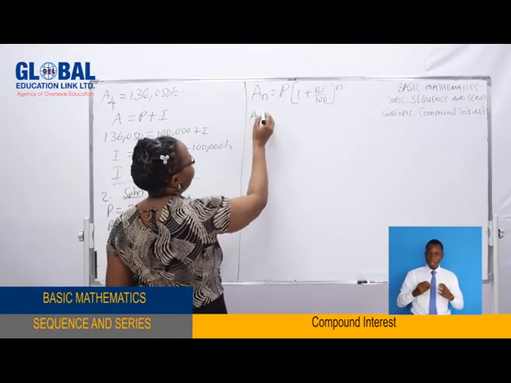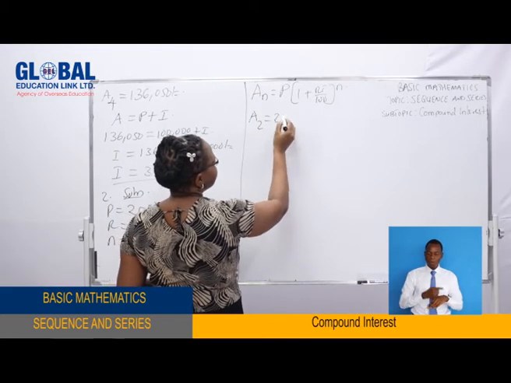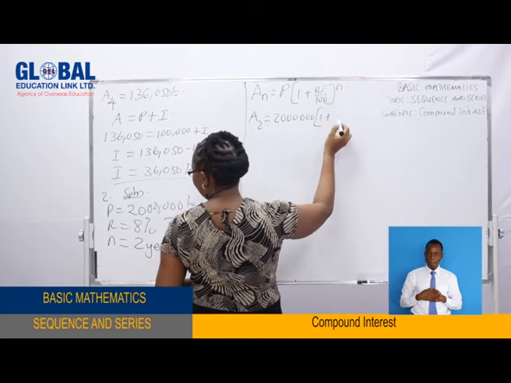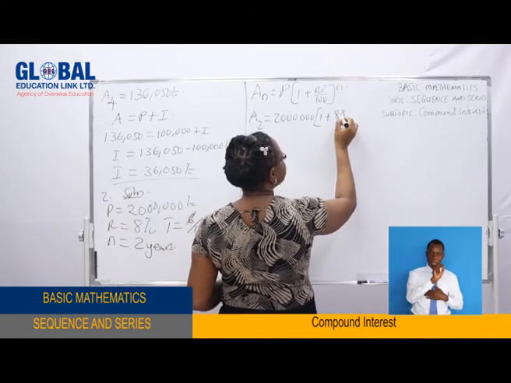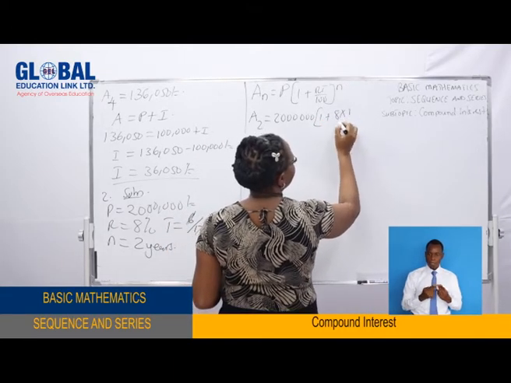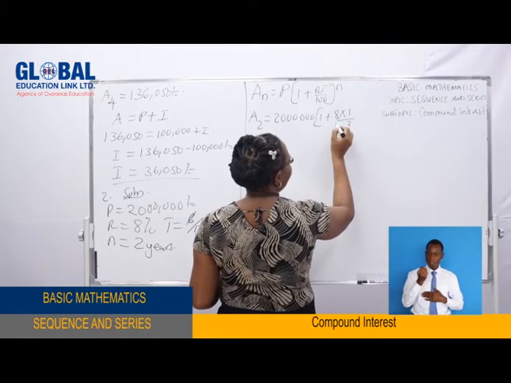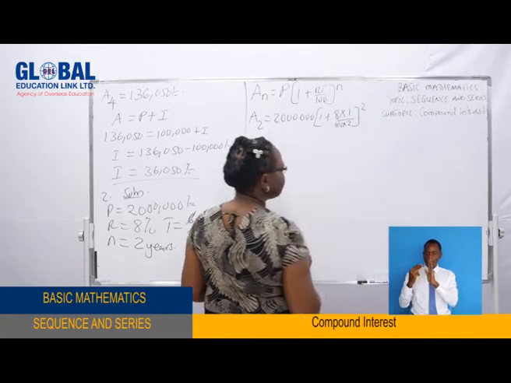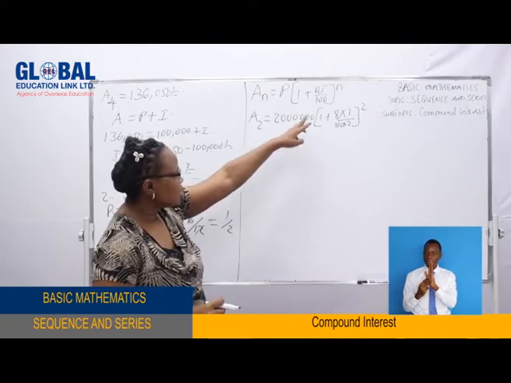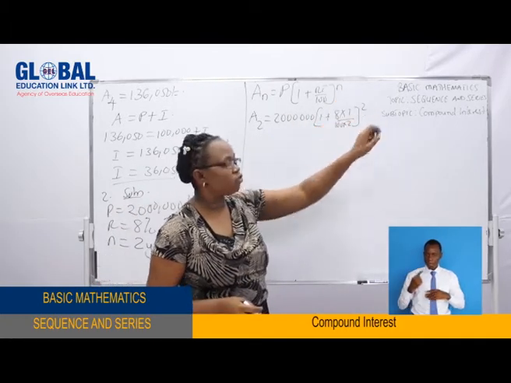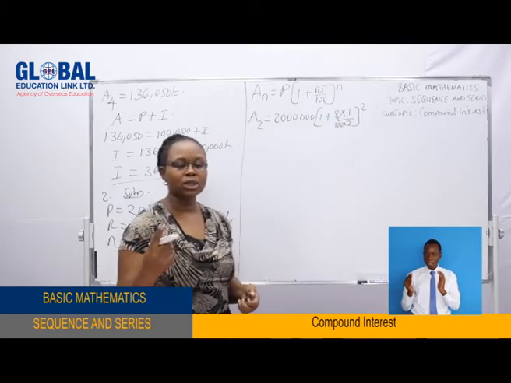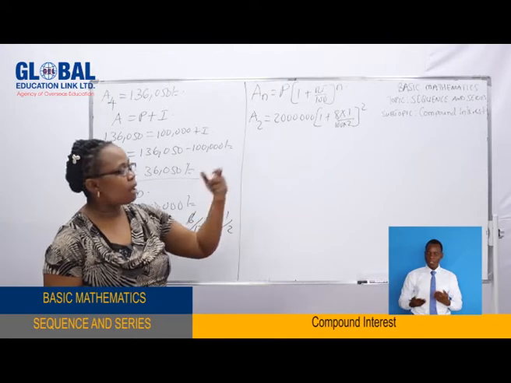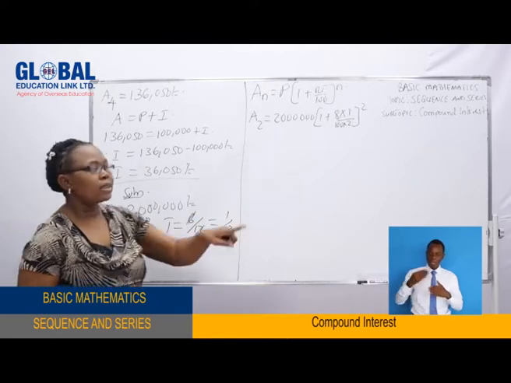That is A equals the principal, which is 2 million, times 1 plus R, which is 8, times time, which is half, over 100, then power n. Our n is 2 because the amount will stay at the bank for 2 years. But this amount is given semi-annually.